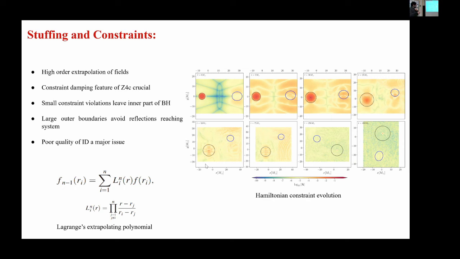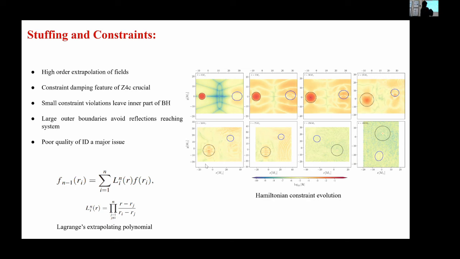But yeah, so this is basically what is happening, evolving this excision initial data. Just a few points to note here: we have a high order extrapolation diffuse. And then the crucial thing that makes this happen is the Z4C constraint damping property.